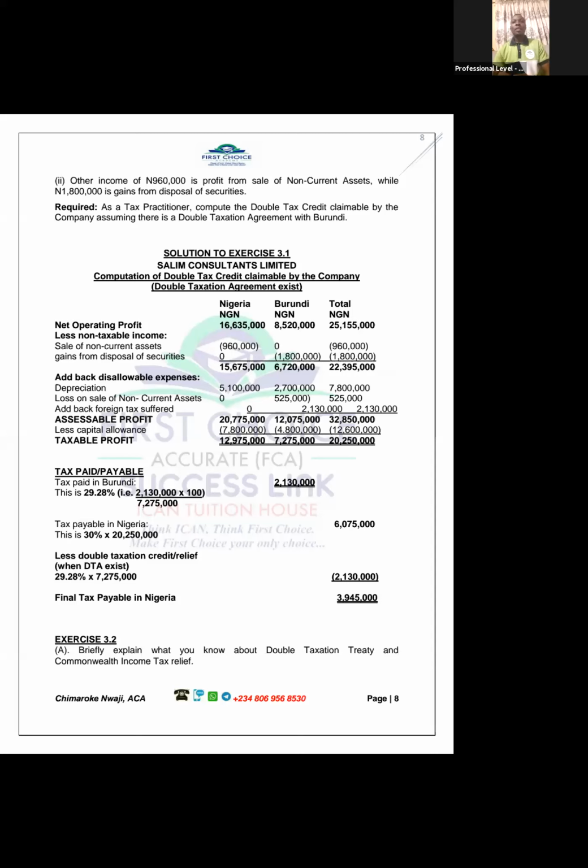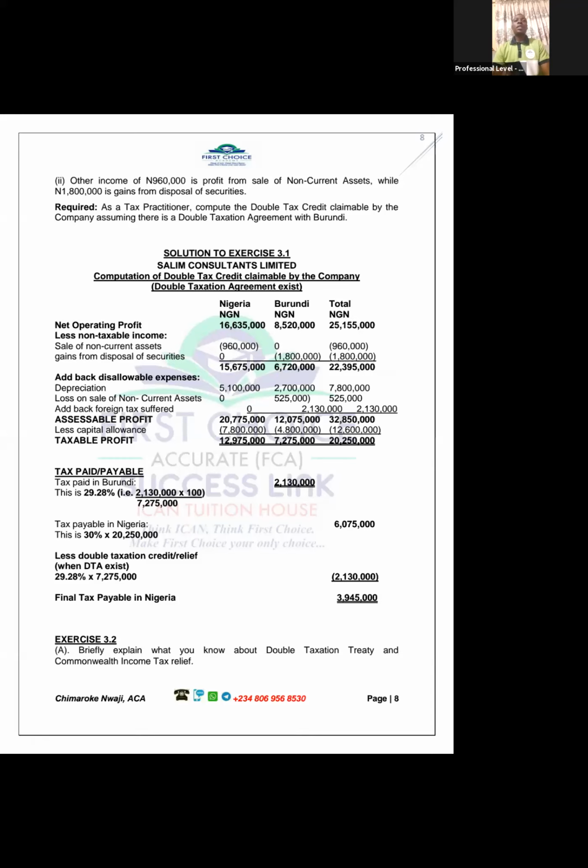Now, the key word again is "assuming there is a double taxation agreement." Underline it. If there is a double taxation agreement, the question must state it. It must state it.